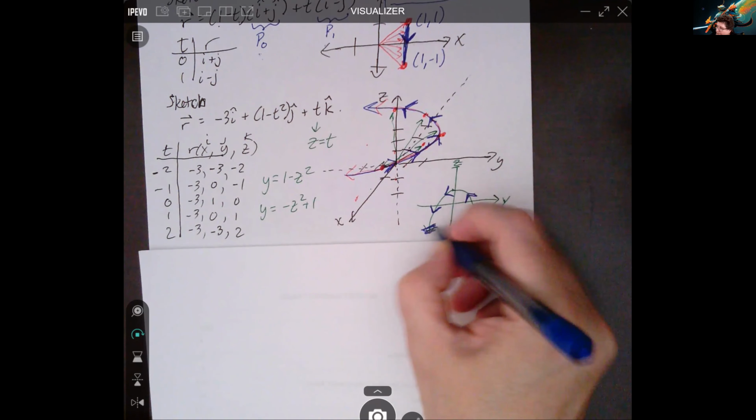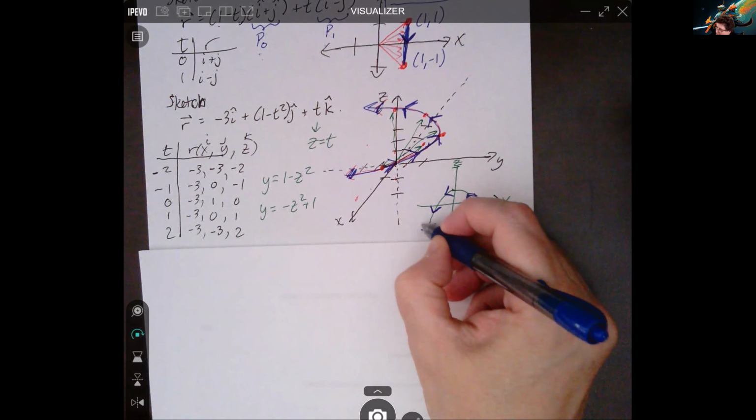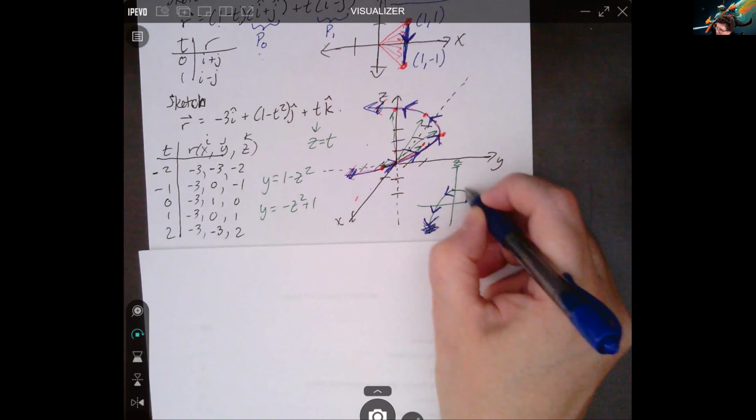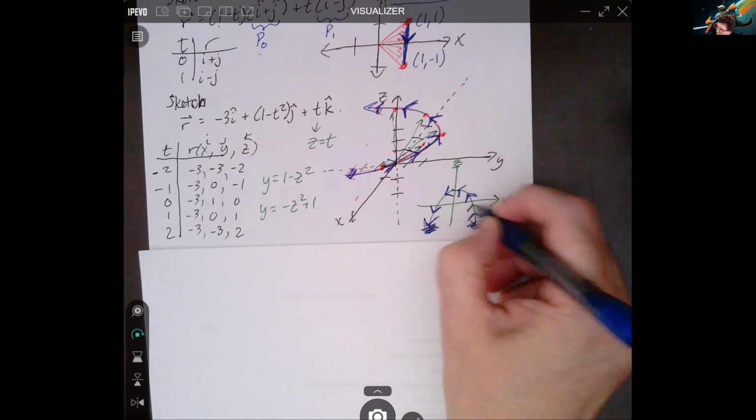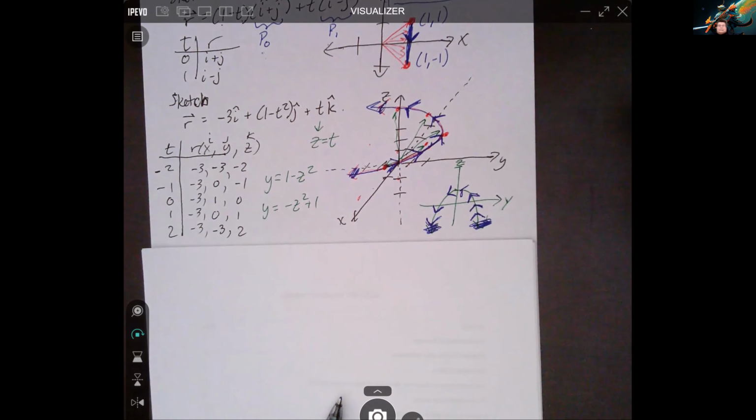So I'm going to get rid of those things right there because I have a bad habit of putting arrows on parabolas. And in this lesson, they are going one direction, the way I have configured T. Any questions?